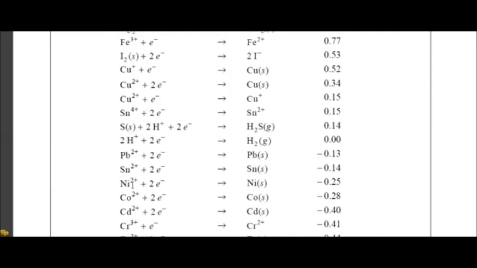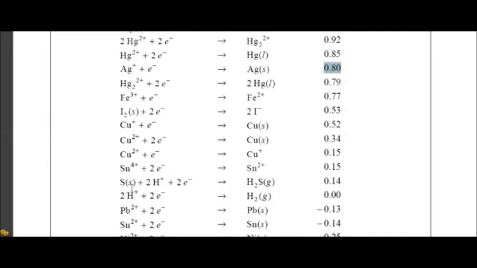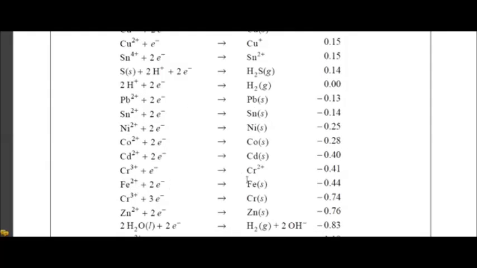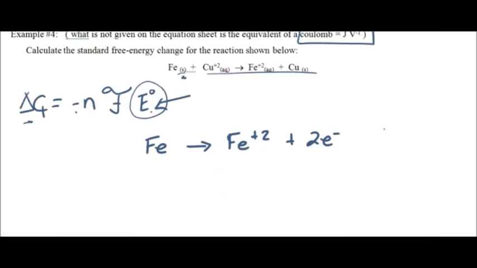Where are you, iron? Did I pass you? Sorry, guys, I can't find it. Here we go. So iron plus 2, and when it's reduced, it is a negative 0.44. In this example, it's oxidized, so it has a positive. Again, switch the sign if the equation is spun around.